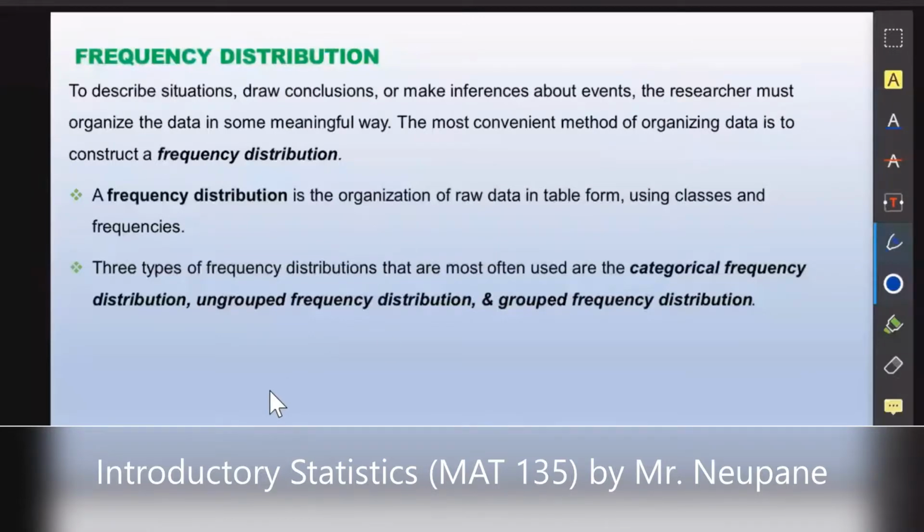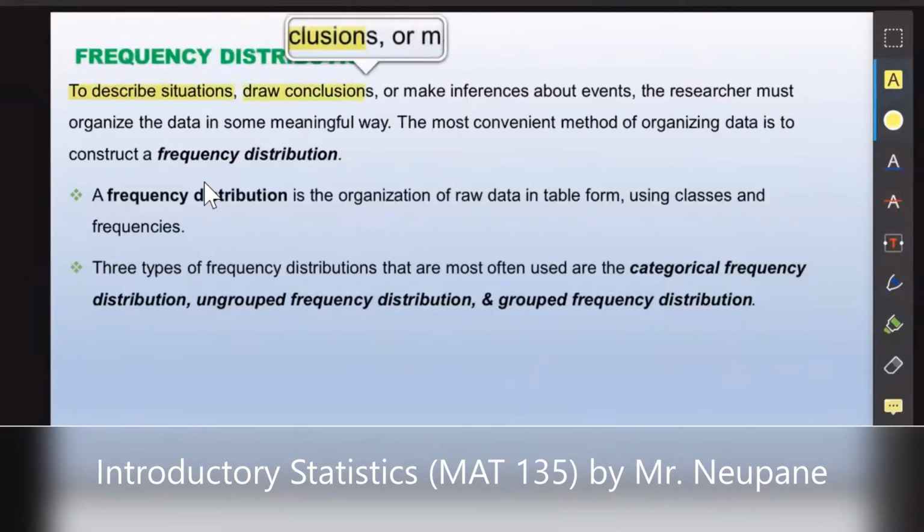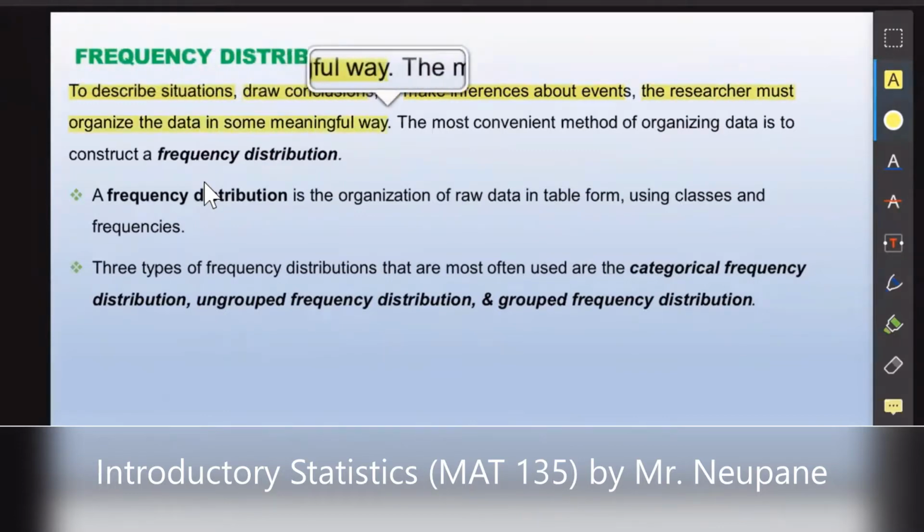So here, we are going to work on frequency distribution first. When we say frequency distribution, let's see what is the exact meaning of that. To describe a situation, draw conclusions, or make inferences about the event, which is the main thing that we do in statistics, the researcher must organize the data in some meaningful way.